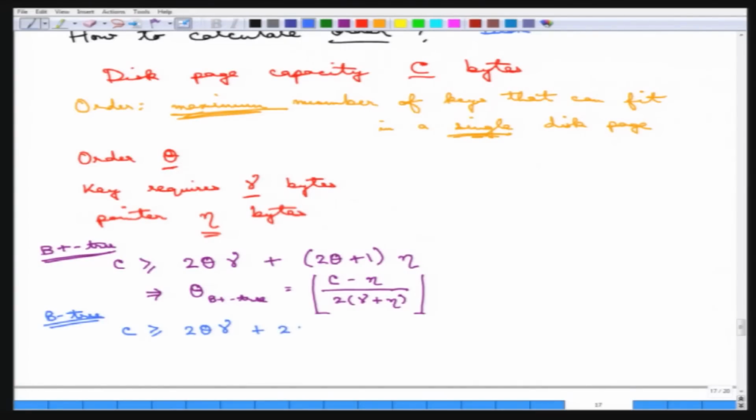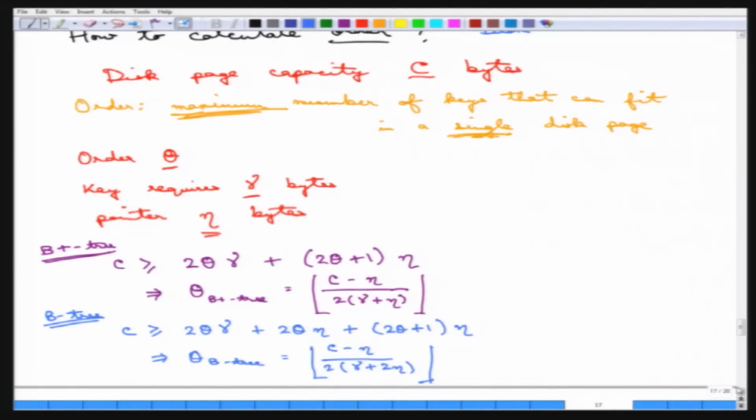Then there are 2 theta record pointers, so one has to add 2 theta times eta, plus of course the 2 theta plus 1 times eta for the child pointers. So theta for a B tree comes out to be C minus eta divided by 2 gamma plus 2 eta.